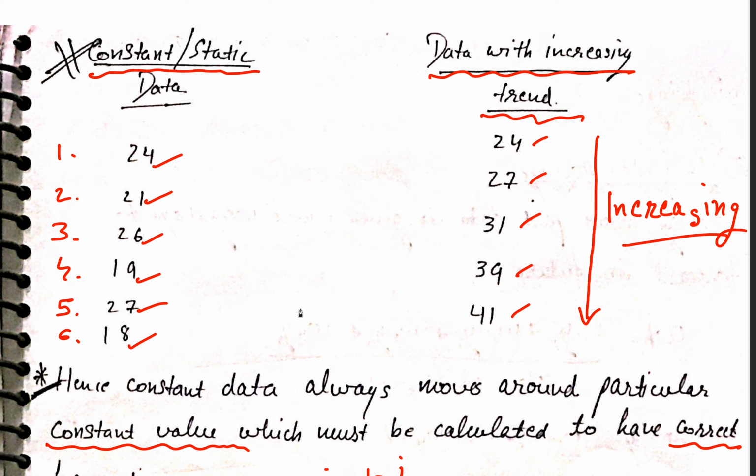Now if that constant came out to be, let's say, 21, then I will say the next value could be 21. That is my forecasted value.